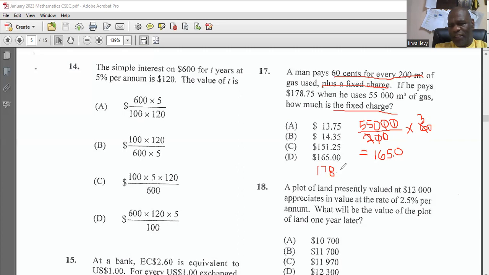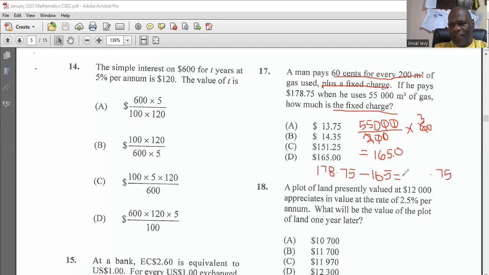So we'll go 178.75 minus 165. Right? That's equal to, so we know we're going to have that 75, that's the 165, so that's 0.75. You can see our answer coming.